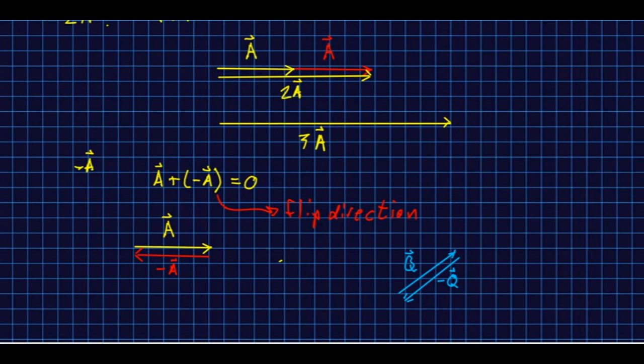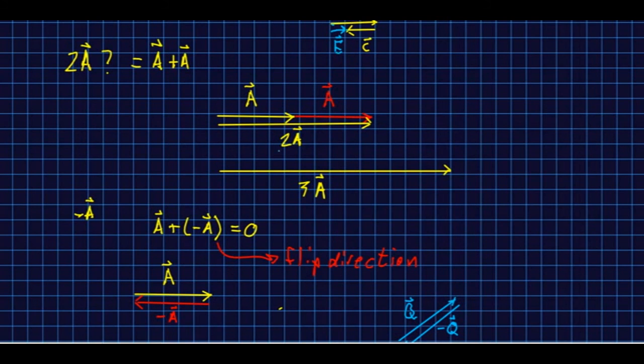What we're doing here is multiplying vectors by scalars, right? This is a vector. But this 2 here has no direction associated with it. That's a scalar. We haven't looked at all at how you multiply vectors by other vectors. There are actually several types of multiplication for vectors and vectors, but we won't see any of them in this course.